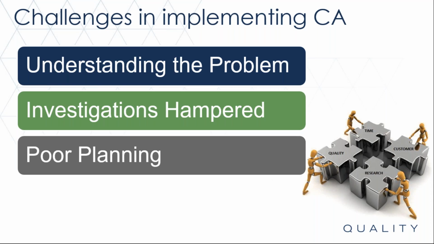We have to understand, was that the real problem? Because if you do not understand the problem, if the problem statement is not right, anything going down will be non-value added. So I always put a lot of emphasis on understanding the problem, and your problem statement should be right.